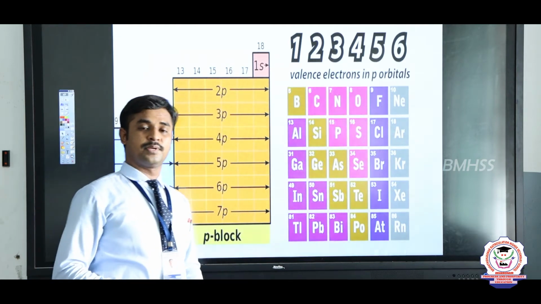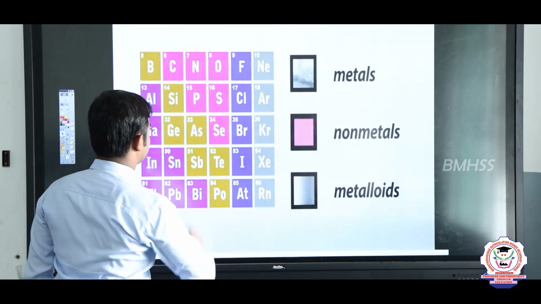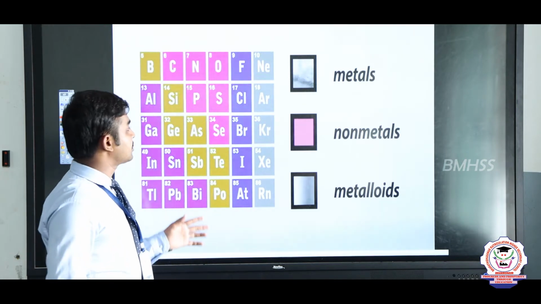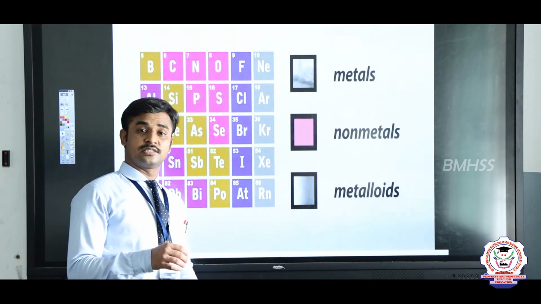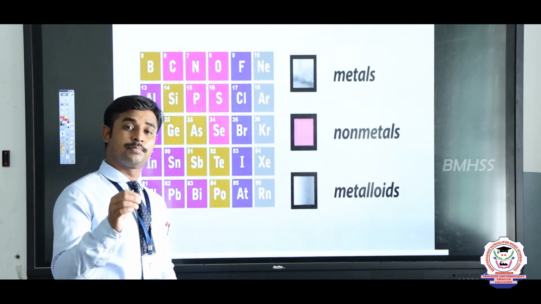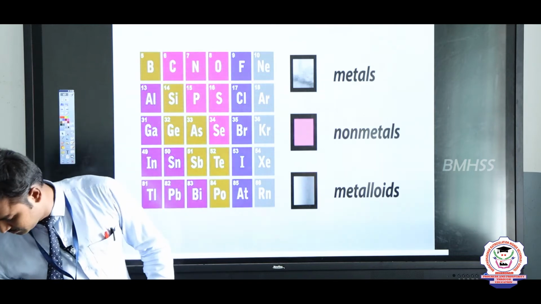Why is it called P block elements? In these elements, the last electron enters the p orbital, so only they are called P block elements.